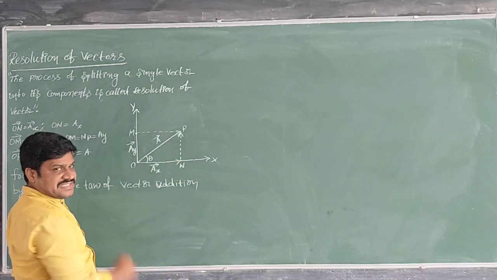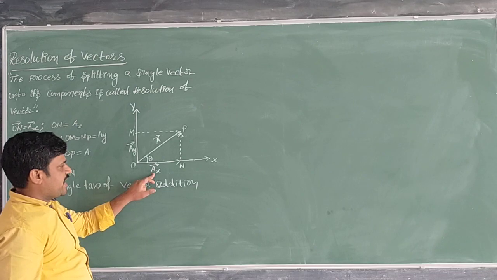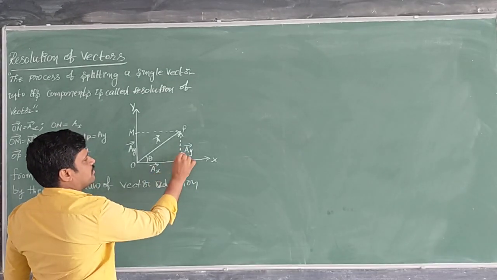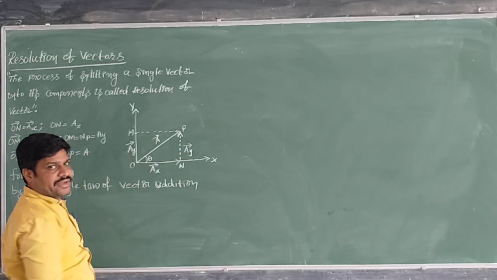So these two are in the same order. What we can write? Ax bar, this one also Ay bar. Ax bar plus Ay bar is equal to what we can write?